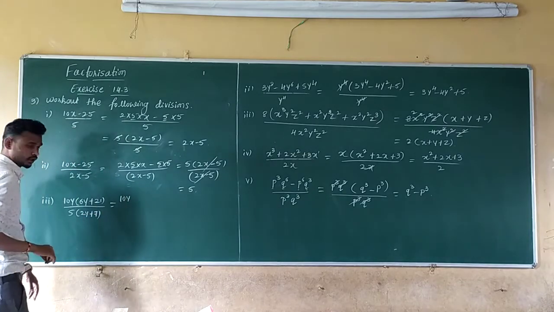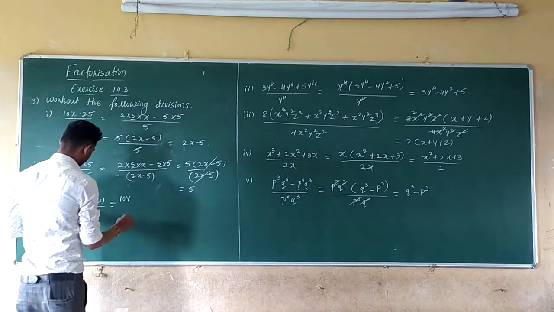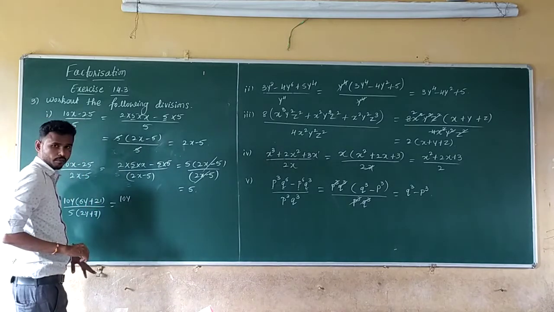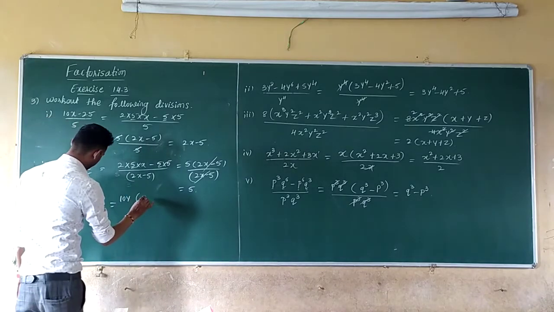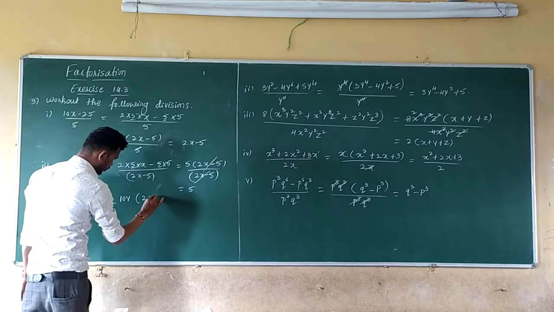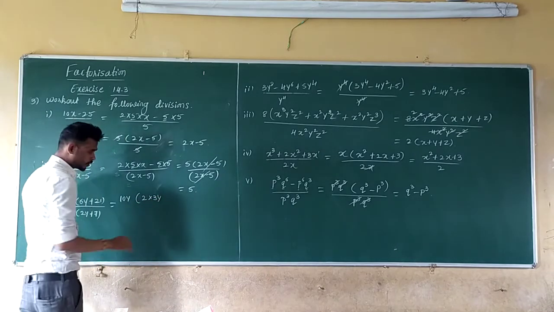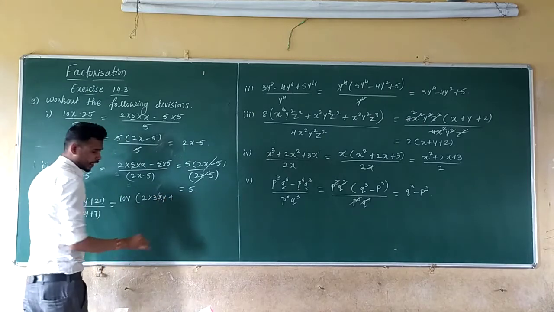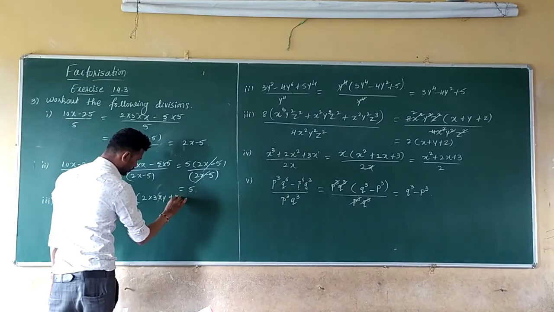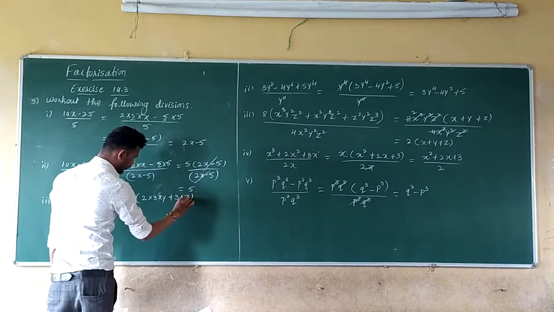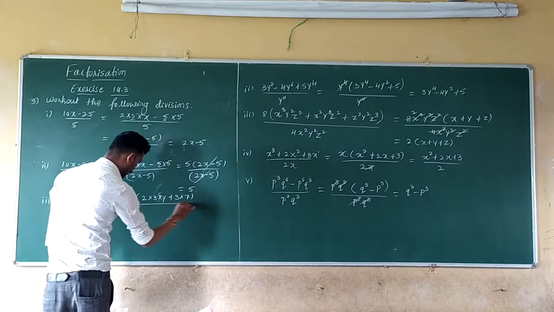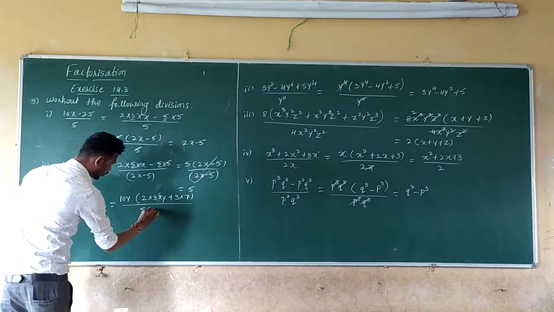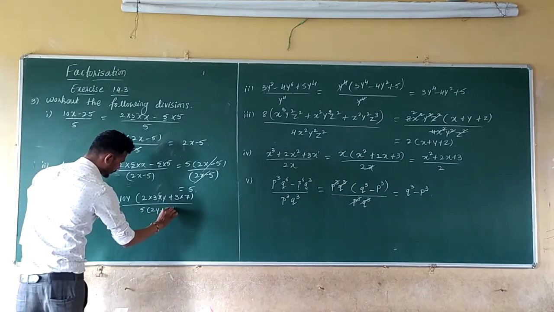Okay, 10y. So here take the common. In these two we are getting common as 3. So 6 we can write as 2 into 3 into y, plus 21 we can write as 3 7s are 21. So divided by 5 into 2y plus 7.